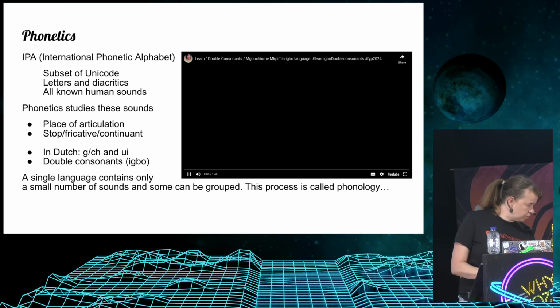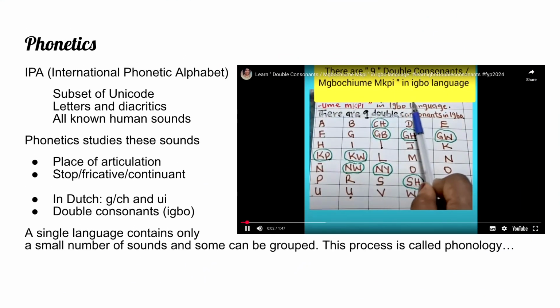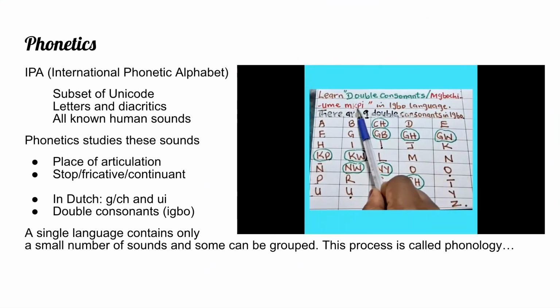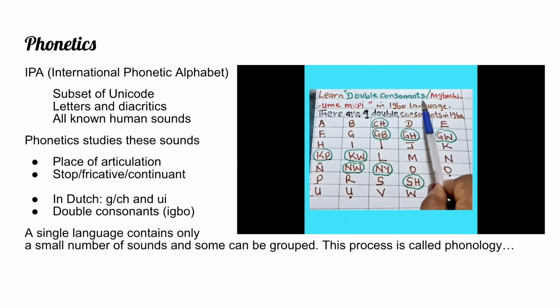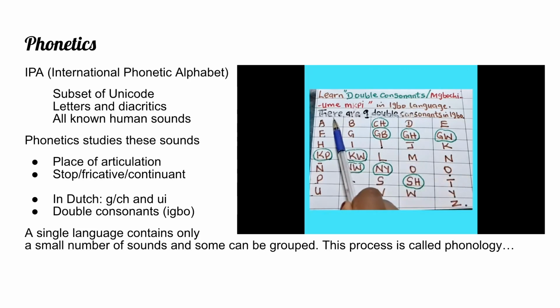Let's hope this works. Learn double consonants, mbochume mpe, in Igbo language. We are going to learn double consonants in Igbo language now. There are 9 double consonants in Igbo. We are going to read them. Chi, Bre, We, Bwe, Nye, She. Let us read again.